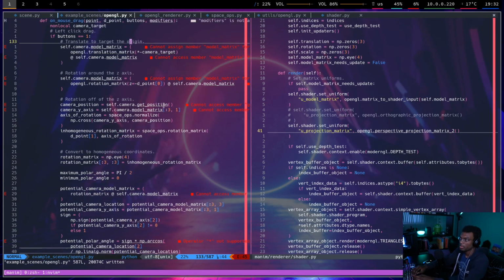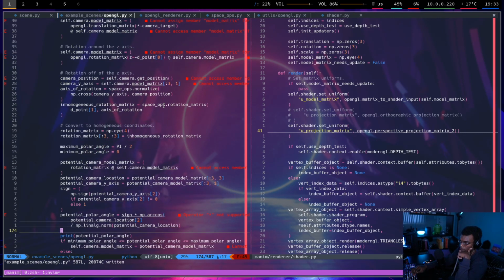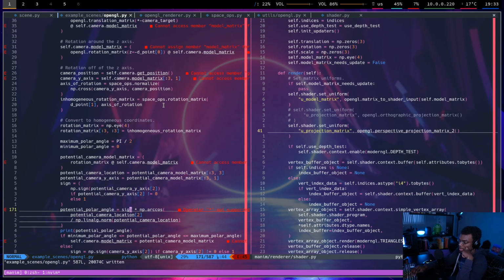Maybe what I need to do is, for this part, translate to the origin, rotate, and then translate back. For this part, the potential polar angle. How will I compute this?